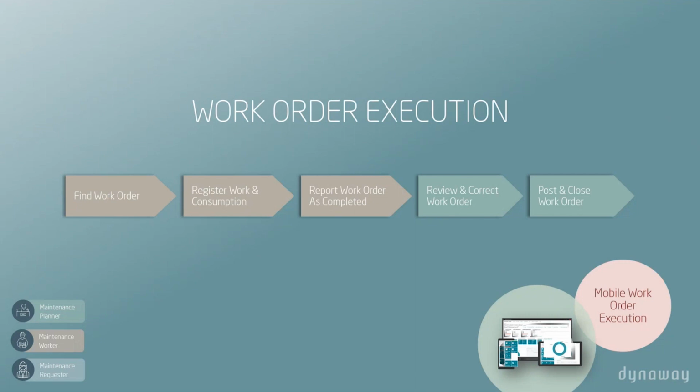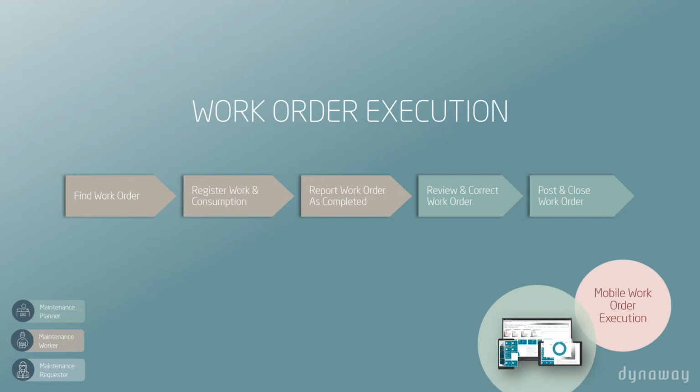Then I'm going to put back on my maintenance planner hat, because we have a step that says the maintenance workers can report it as completed, and then a maintenance planner will have to review, perhaps correct the work order. If, for example, they put in, I used 111 of these spare parts, and actually it should just have said 1, before posting and closing the work order, because posting and closing means that we are posting the consumption to finance, to inventory, and so on and so forth, and closing it meaning that we are closing the work order and it cannot be reopened.